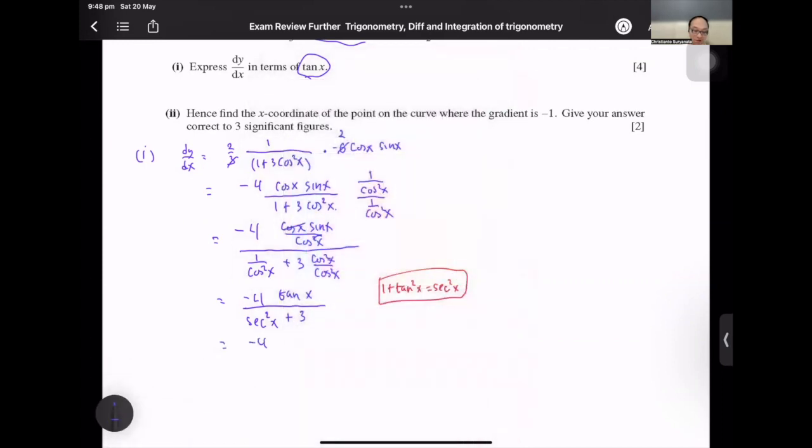So negative 4 tangent x over 1 plus tangent square x plus 3, which is negative 4 tangent x over 4 plus tangent square x. So this is the answer.